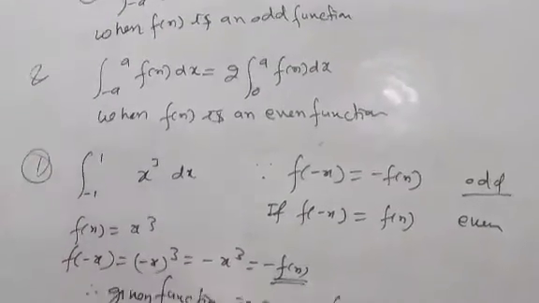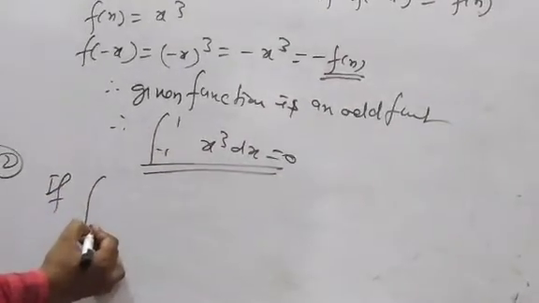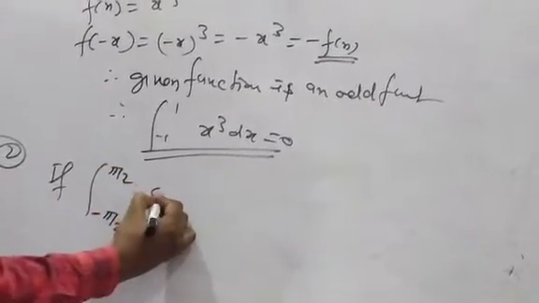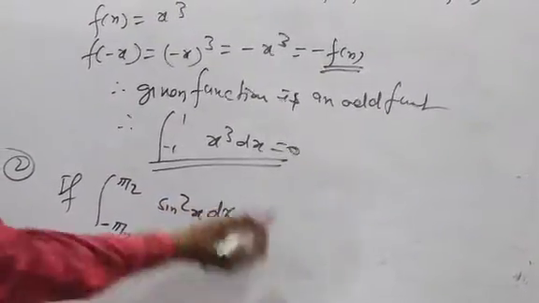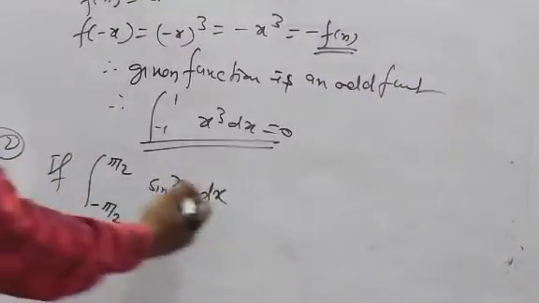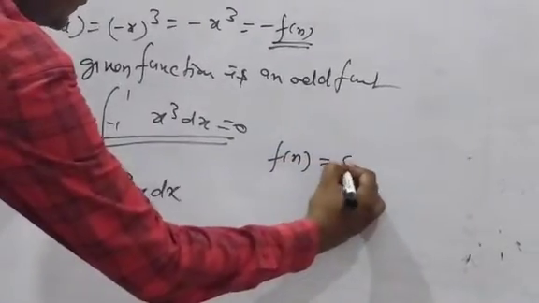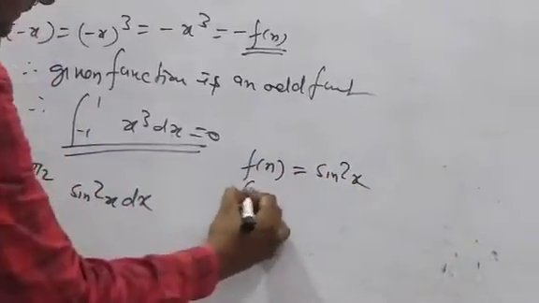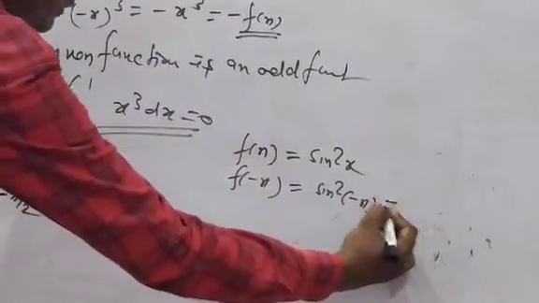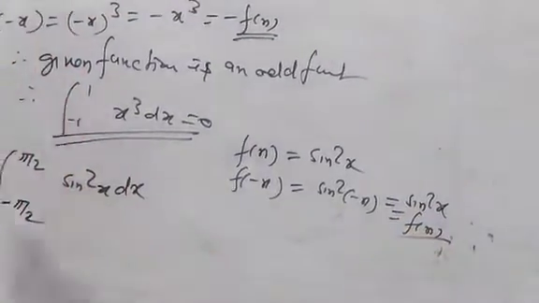This is the first example. Second example, suppose integral minus pi by 2 to pi by 2 of sin square x dx. Now we can check here. f(x) is equal to sin square x. f(minus x) is equal to sin square of minus x, which is sin square x, that is f(x).